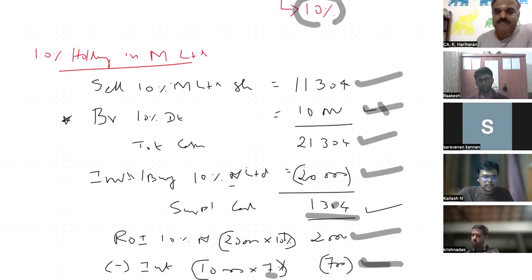Debt 10%. In M Limited you are having 1 lakh, 10% of it is equal to 10,000.